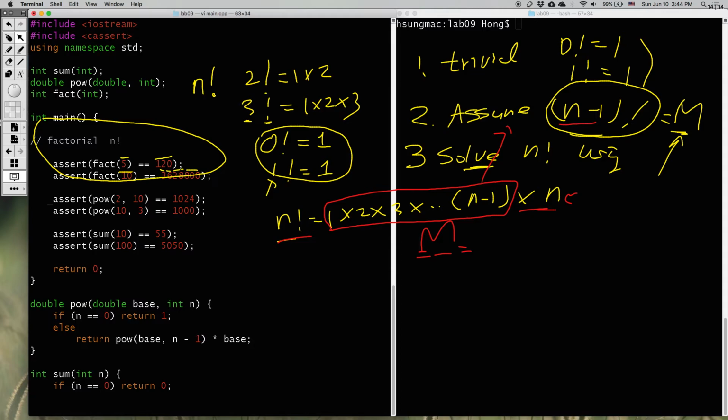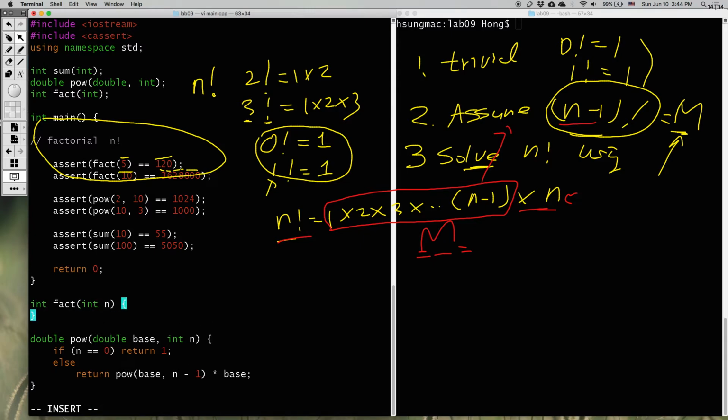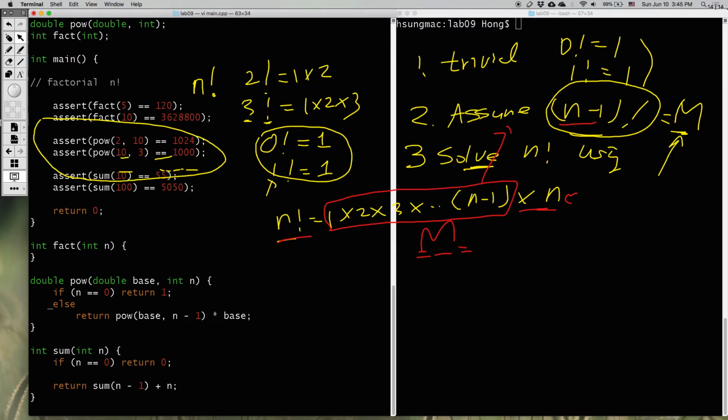Then function design recursively: int fact, and the integer n is provided. Then we want to compute n factorial. Of course, on those earlier functions, we didn't do validation of n. So in this function, we want to validate that n should be non-negative. 0 is allowed.